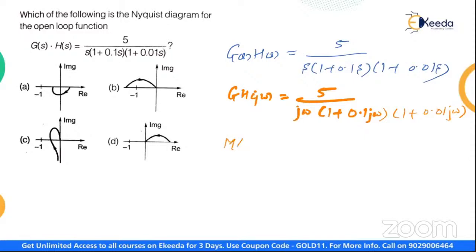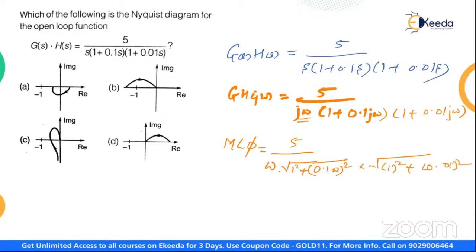If you try to find the magnitude and angle phi, you get the magnitude: the numerator magnitude is 5, and the denominator is omega into under root of 1 squared plus (0.1 omega) the whole squared, multiplied by under root of 1 squared plus (0.01 omega) the whole squared. Correct or not? Yes, sir.